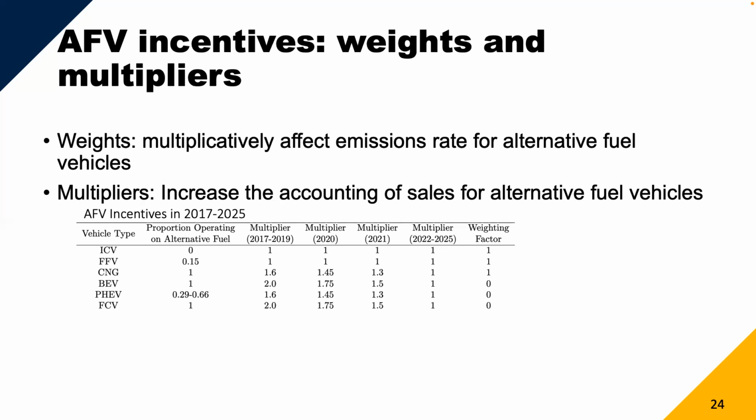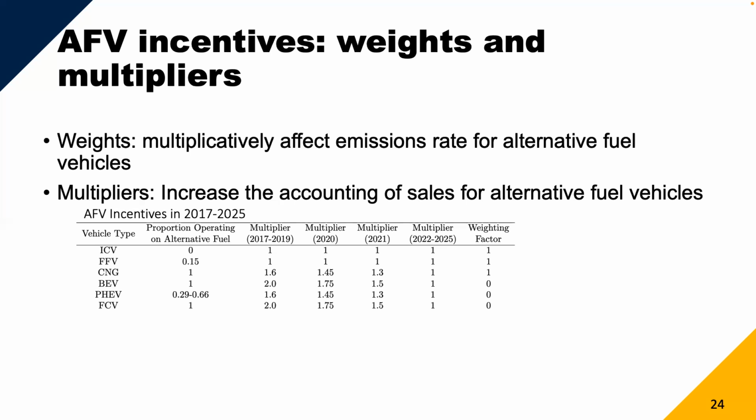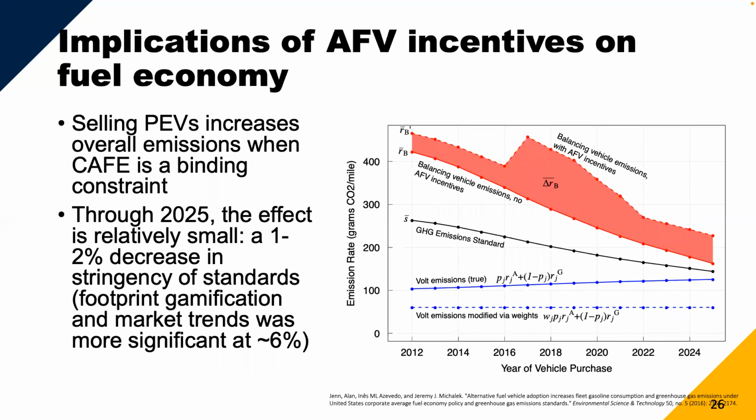And that's a way they get around having to deal with the tailpipe issue and this upstream issue and figuring this out. They just say it's all 0. Actually, let me jump back to that in a second.